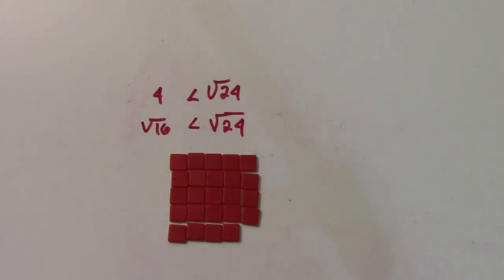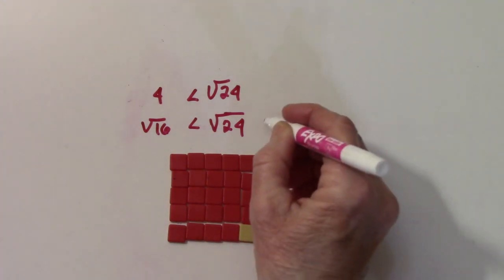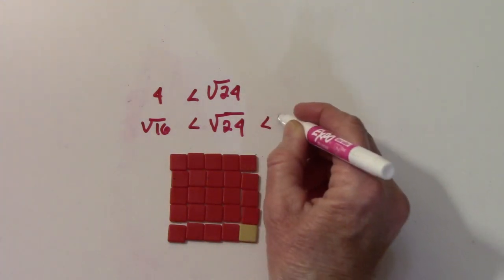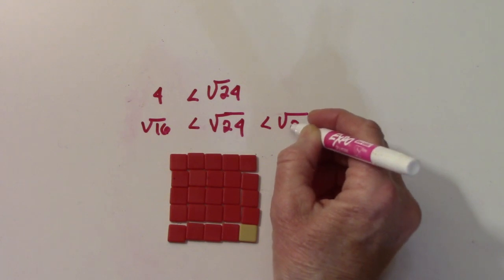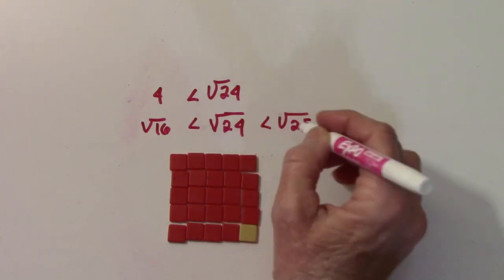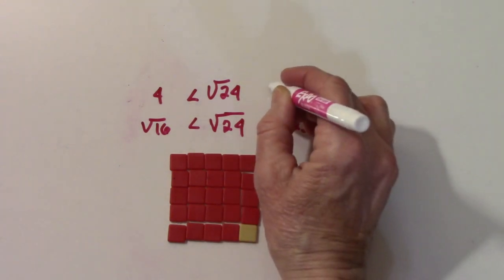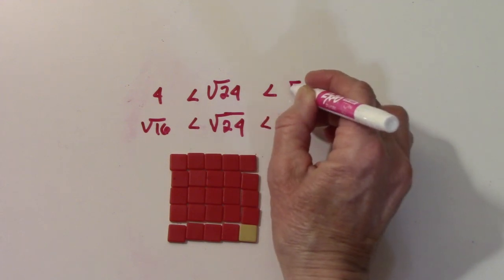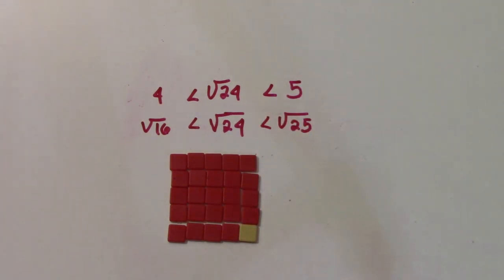So I'm going to take this yellow one and add it in there so you can see that that's what's missing. The square root of 24 is less than the square root of 25, so it is less than 5. It also suggests that the square root of 24 is going to be much closer to 5 than it is to 4, because I'm only missing 1 tile.